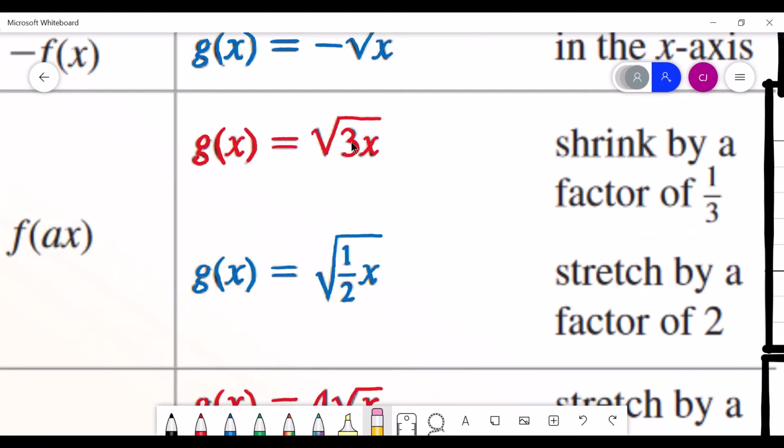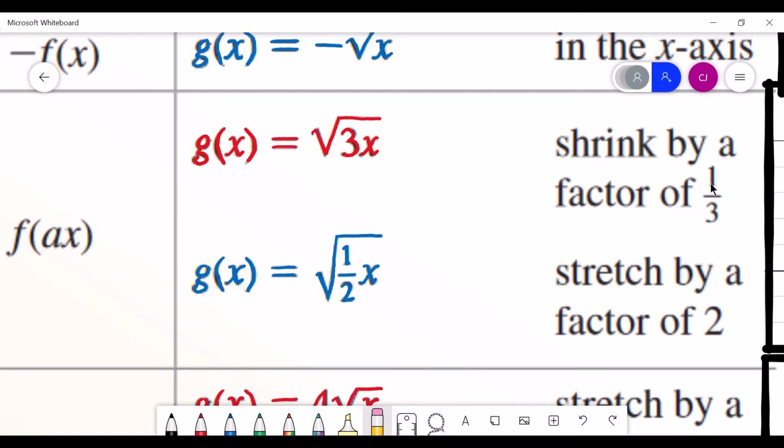So in this first example, we have g of x is equal to the square root of 3 times x. And here we have a 3, but that's not going to be our true a or our true factor, because for horizontal shrinks and stretches, we have to take the reciprocal. So in this case, if it's 3, we're going to take the reciprocal of 3, which is going to be 1 over 3.